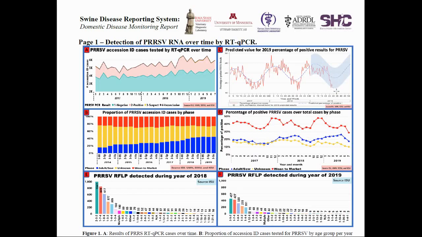In other words, the percentage of cases testing positive by PCR for PRRS RNA is decreasing for all age categories in the report, and multiple factors were pointed out by the advisory council as potential contributors to this lower detection of PRRS. Do you want to talk about those?